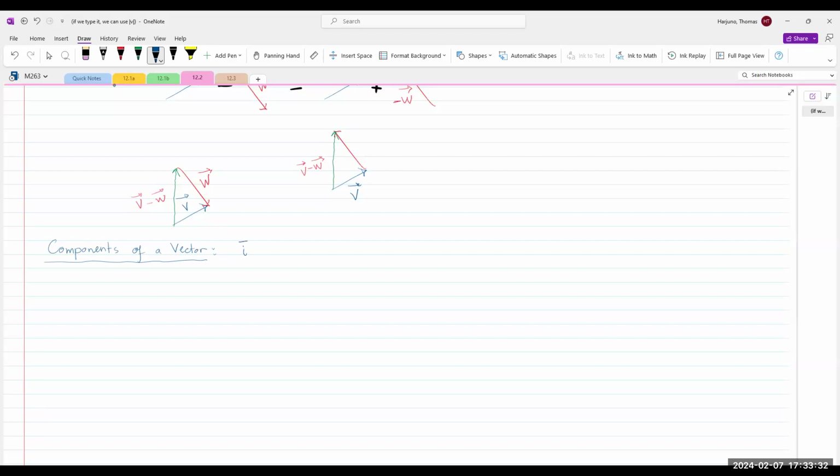Factor i will be the unit x direction. Factor j is the unit y direction. And factor k will be the unit z direction.